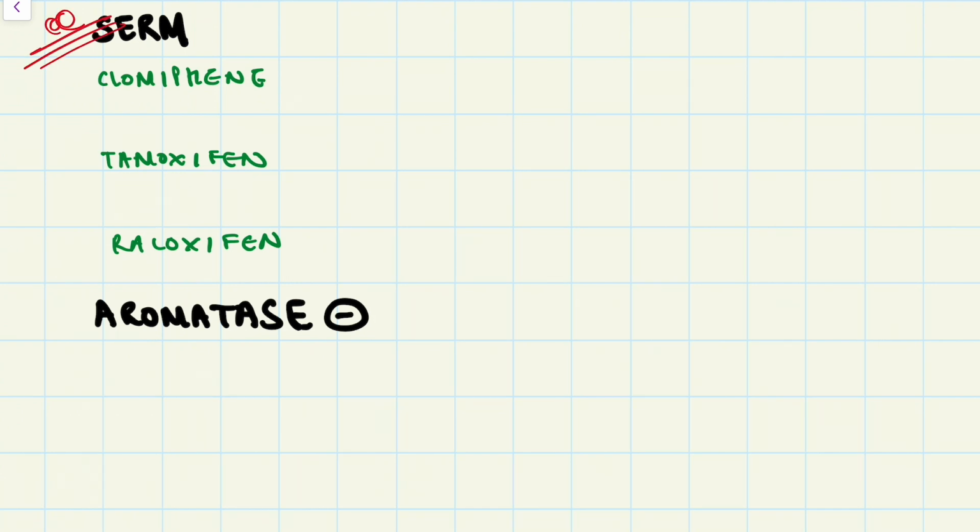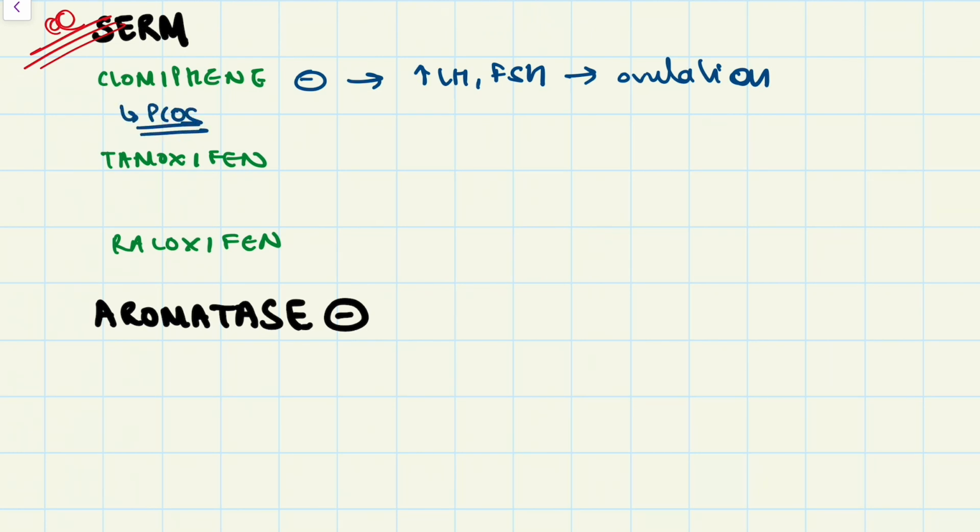So clomiphene is an antagonist of the estrogen receptor in the hypothalamus, and what it does is that it prevents the normal feedback inhibition, leading to increased release of LH and FSH from the pituitary, which in turn stimulates ovulation, right? Therefore, it is used to treat infertility due to anovulation, like in patients of PCOS.